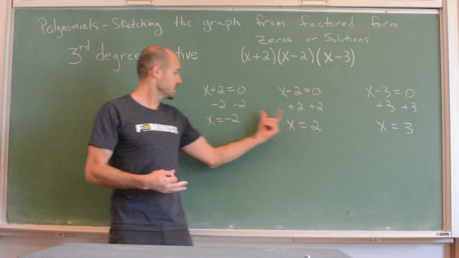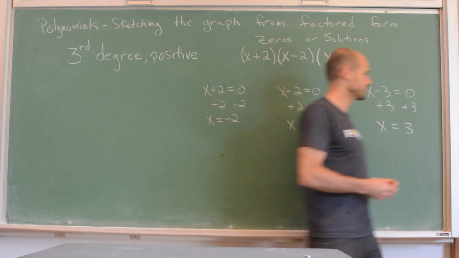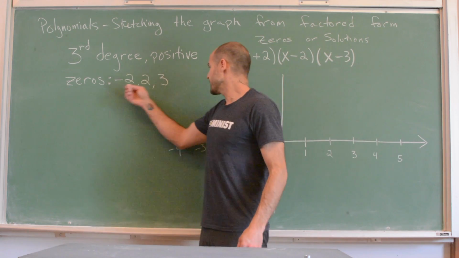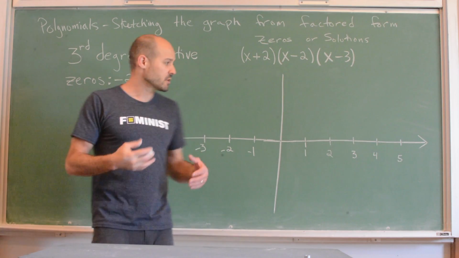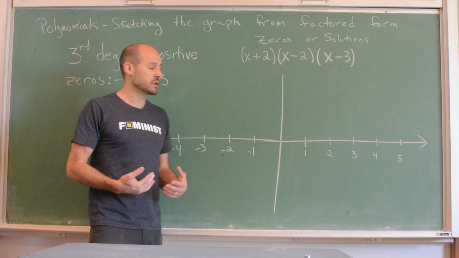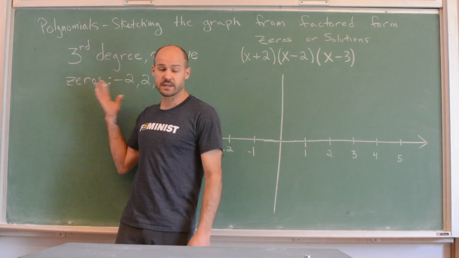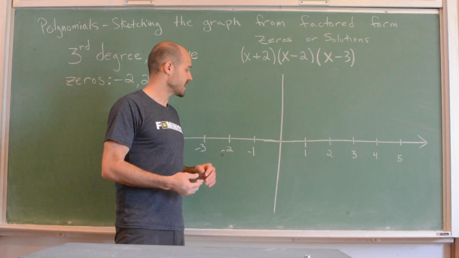They are negative 2, positive 2, and positive 3. So these zeros of negative 2, positive 2, and positive 3 are actually the x-coordinates of the points on the graph where our polynomial crosses the x-axis.